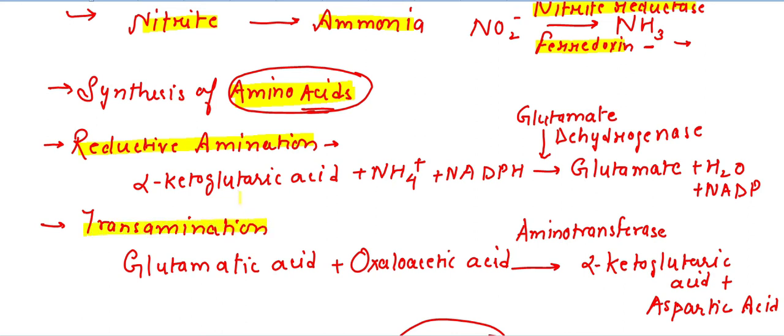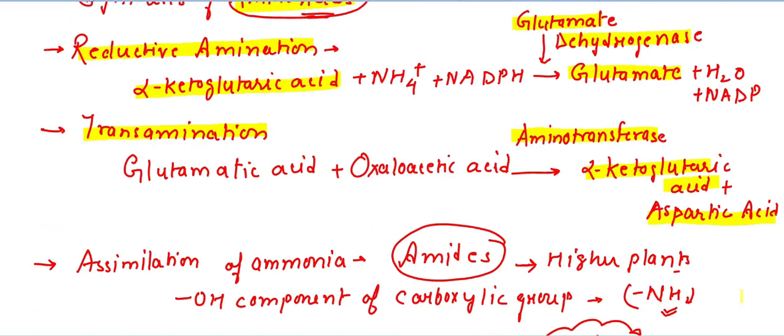In reductive amination, the ammonia reacts with alpha ketoglutaric acid and forms glutamate or glutamic acid, right? The enzyme is glutamate dehydrogenase. In transamination, you will see it involves the transfer of an amino group from one amino acid to the keto group of a keto acid, and the enzyme is aminotransferase, where alpha ketoglutaric acid and aspartic acid are formed.